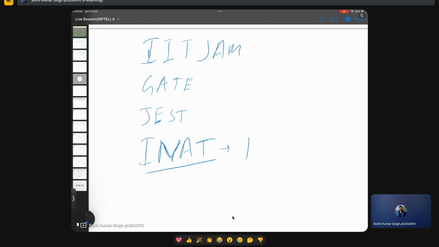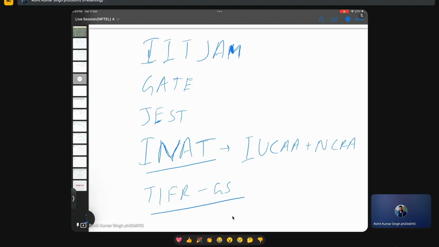IUCAA and NCRA take this exam, and TIFR takes its own exam, the GS exam. So these are the exams you should write if you are looking to go into physics in higher studies.